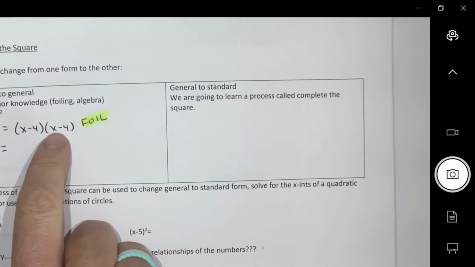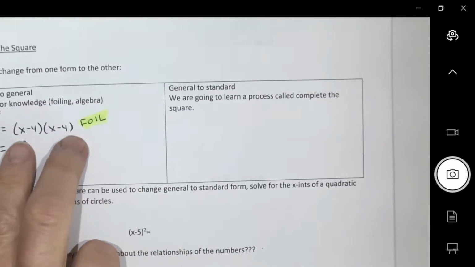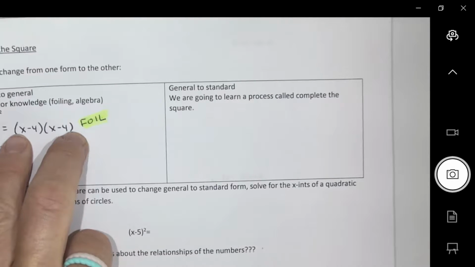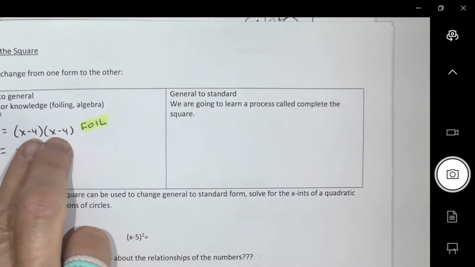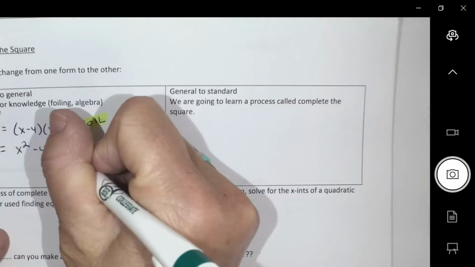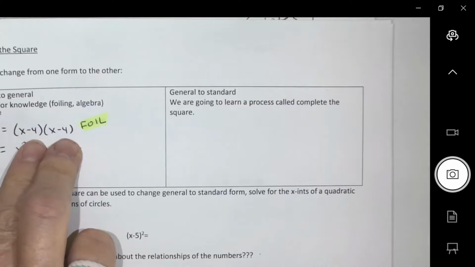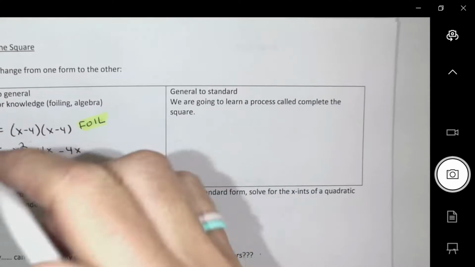First times first makes x squared. O means the outsides. So that is a minus 4x. I is the insides. So minus 4x. And L is the last times the last. 16. Positive 16.